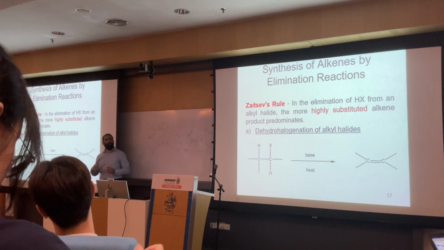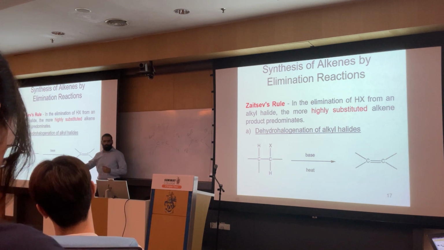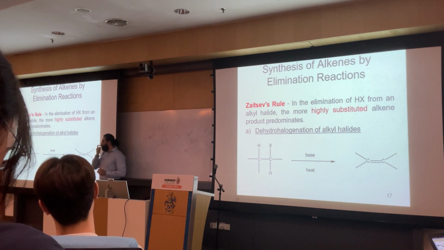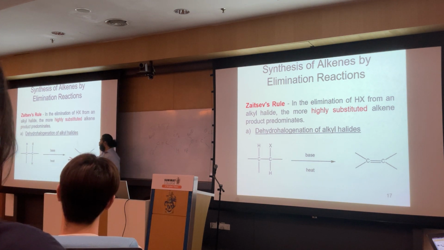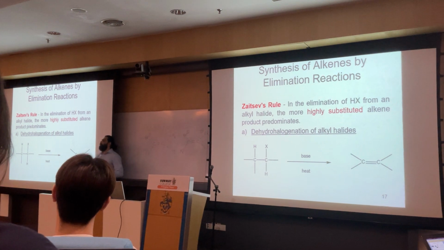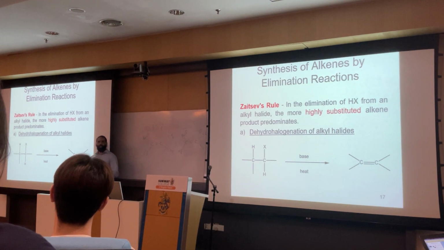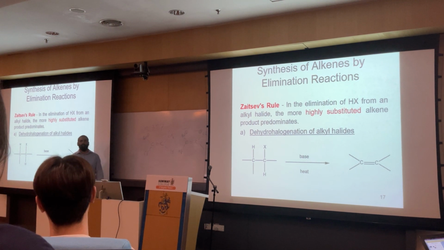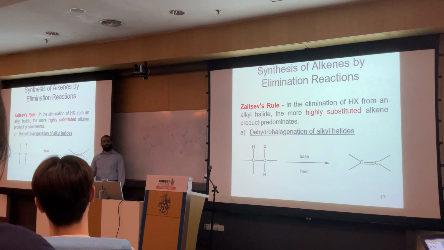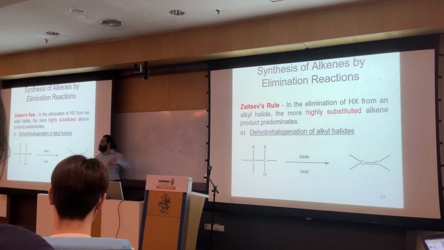Once you see the mechanism of this reaction in the next few slides, you will notice that there is a possibility that you can make the double bond at one point or at another point. So then you will have to decide. How will you decide? You will remember the Saytzeff rule. Because the Saytzeff rule says that when there is an opportunity of making 2 different carbon-carbon double bonds, you should make the one which is more substituted.